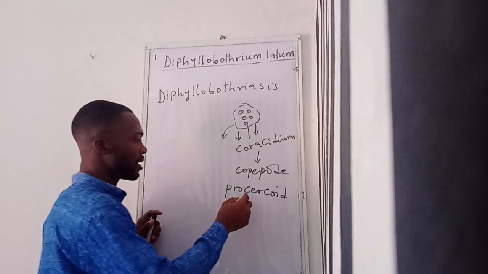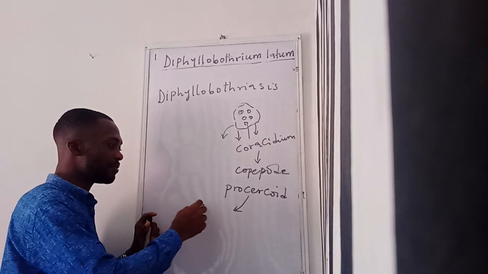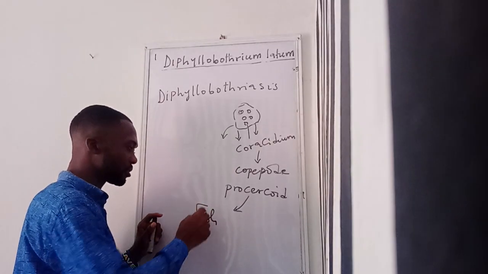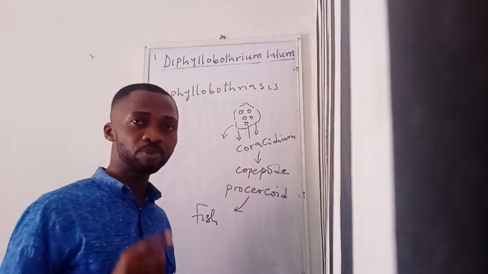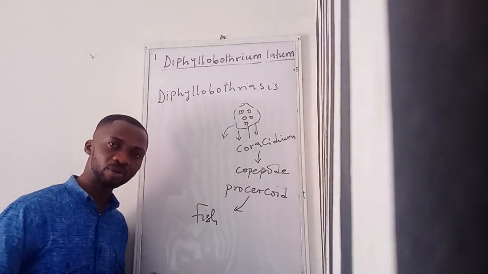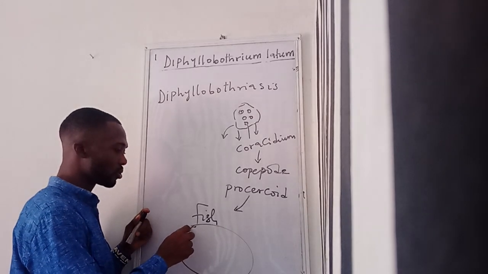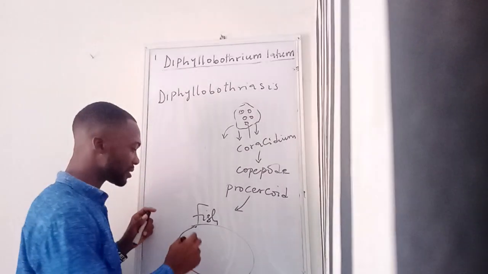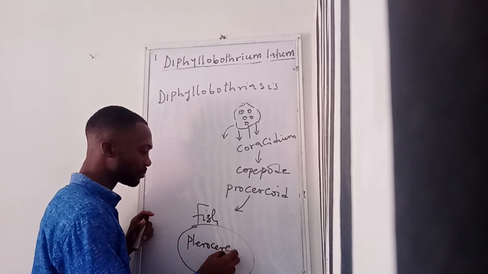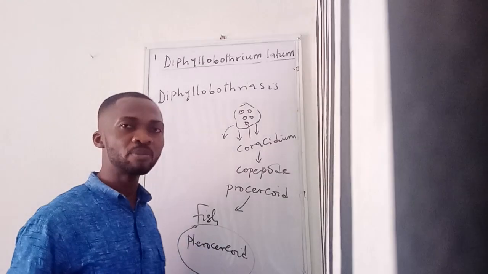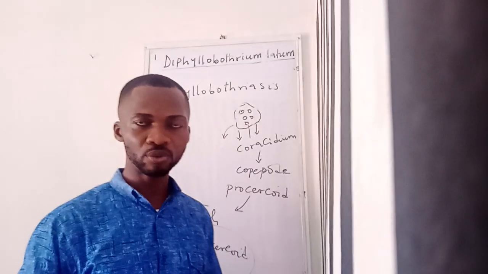This procercoid is also ingested by a fish. Once a fish ingests this procercoid, within the body of the fish, the procercoid transforms into another larval stage which is called the plerocercoid. And this plerocercoid is the infective stage of Diphyllobothrium latum.